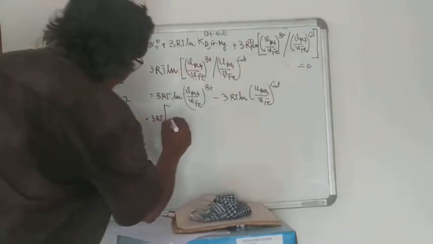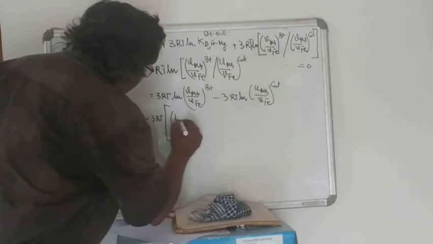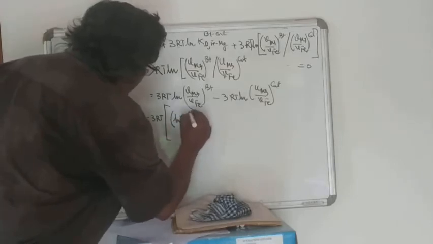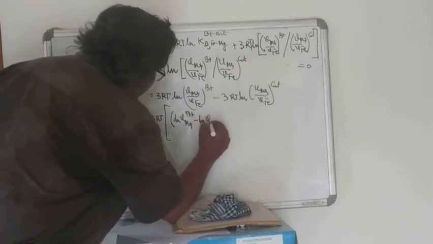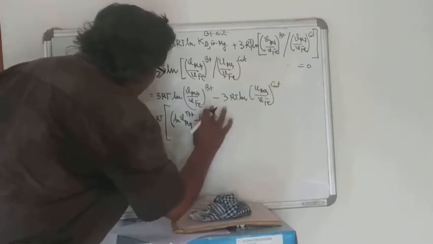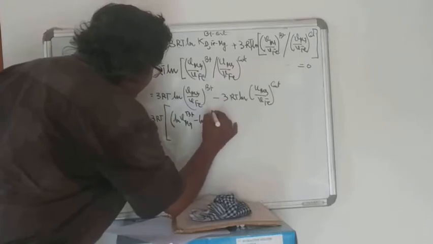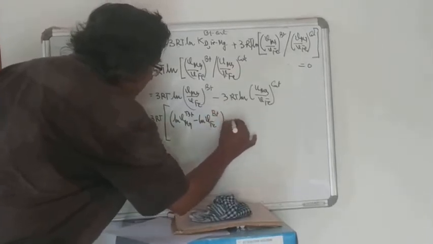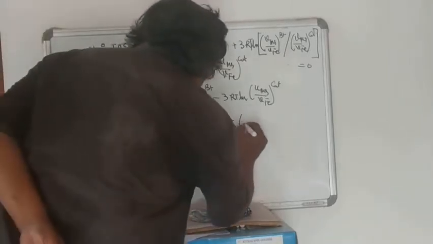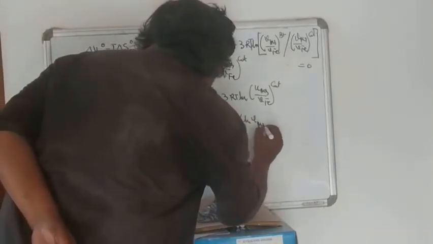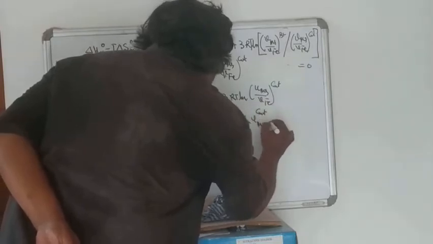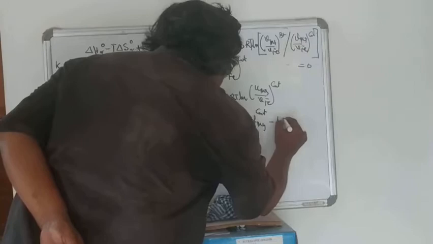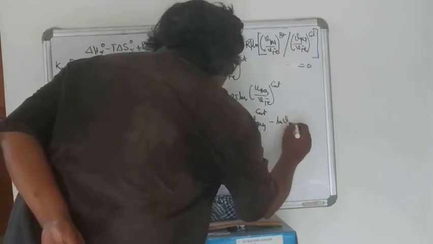Then you have ln gamma Mg in biotite minus ln gamma Fe in biotite, minus ln gamma Mg in garnet, minus ln gamma Fe in garnet.